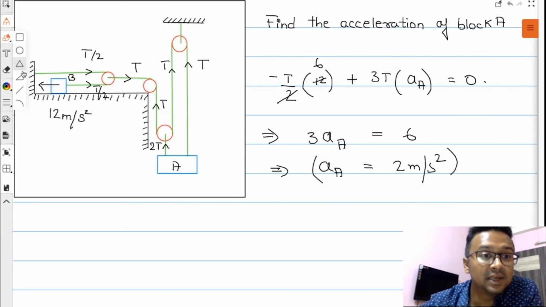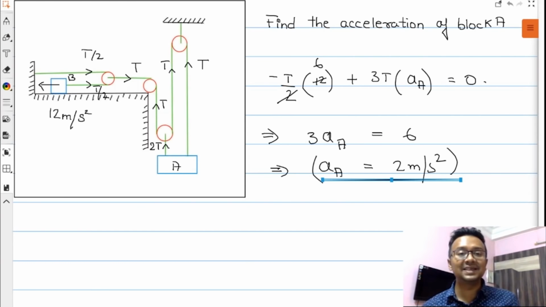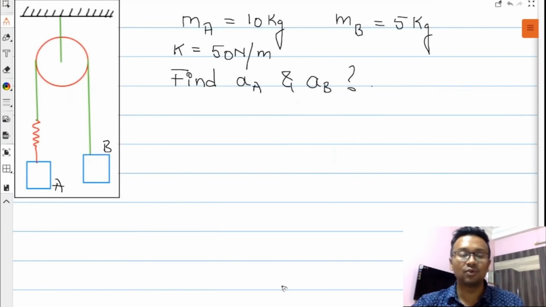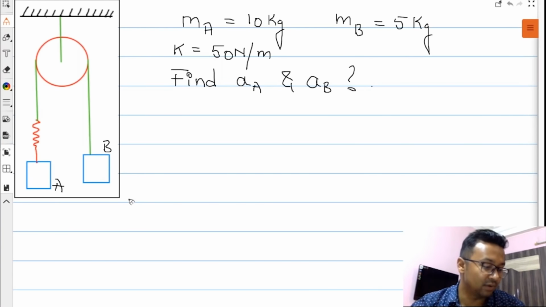Okay, students. So I think we have got enough practice of these kinds of problems in today's session. While I was trying to look ahead at this problem here, there is a spring connected, and how we deal with this, students, I see I'm running late now. The time's already up for this session today.